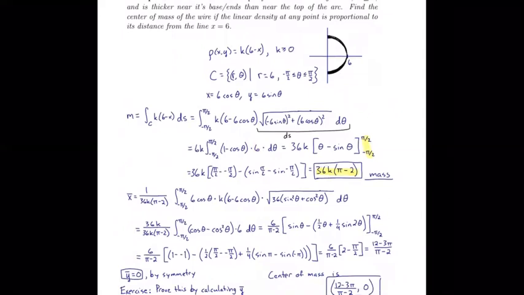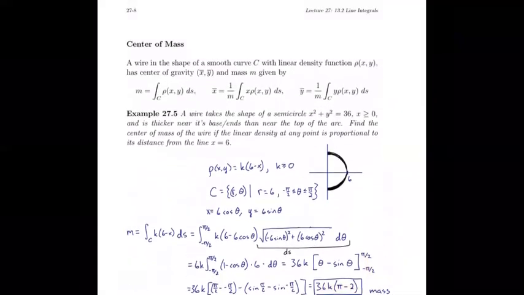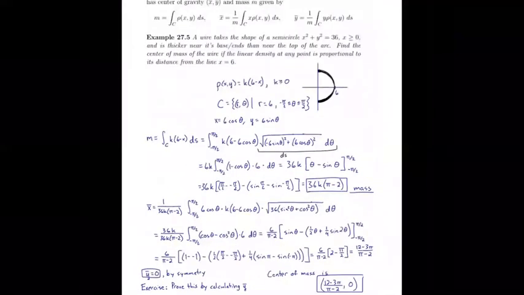So we'll use the mass and the formula for the centers of mass, because we need 1 over m for each of these. And moving down to that, we see for our first calculation, x bar, the x coordinate for the center of mass. We have 1 over m as declared.